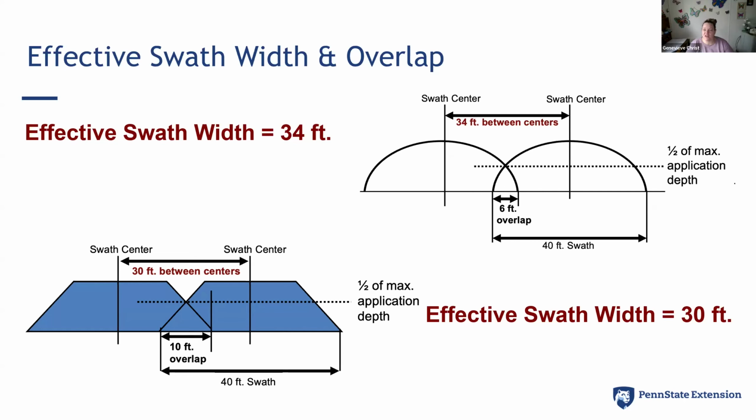But we also need to be paying attention out in the field to see how this looks and whether we are getting the results that we actually want. At half of our maximum application, that's where we start to see a decrease in our application rate, and that's where we know that we need to have that overlap.